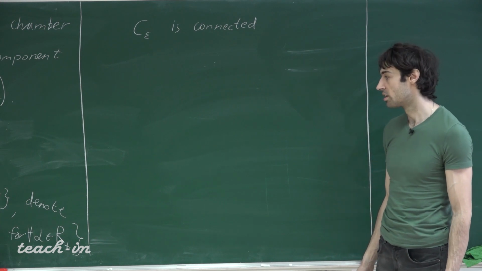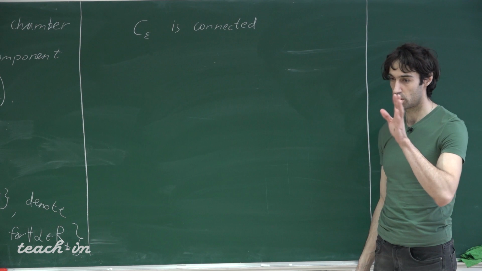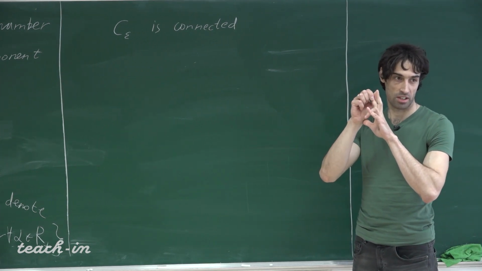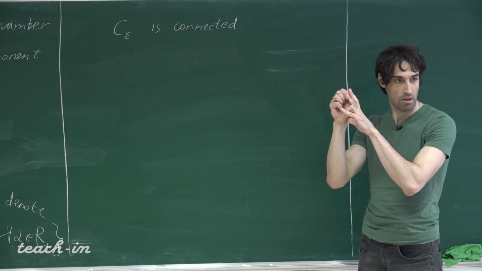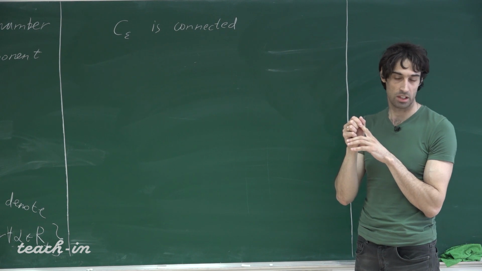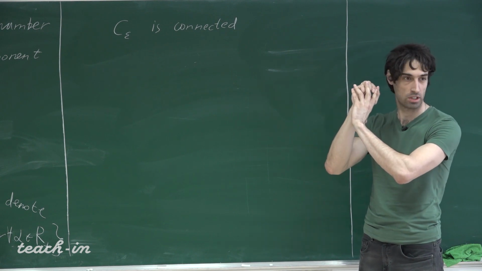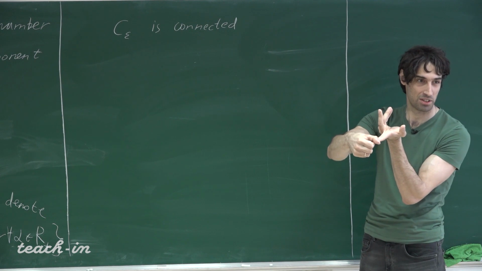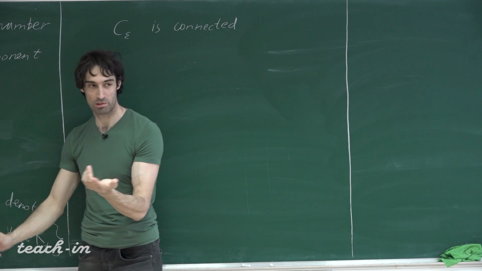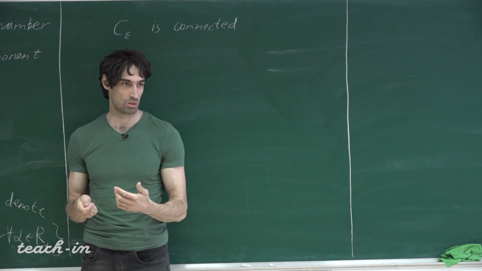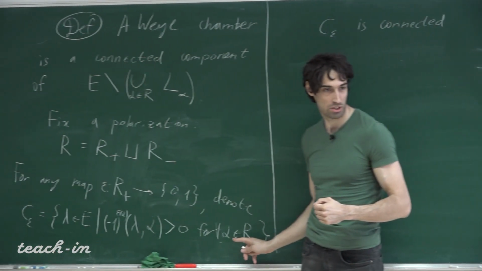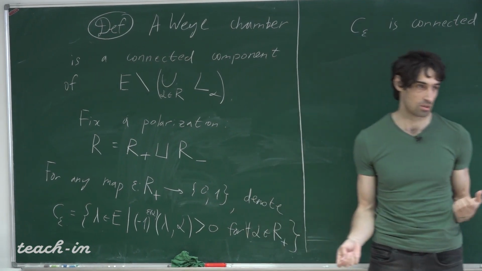Not really. For each positive root, I'm just checking whether my element gives a positive or negative inner product with this positive root. This information is enough only for positive roots. Of course, if I take the negative of this root, then my inequality signs will just change to the opposite. So I really need just positive roots.